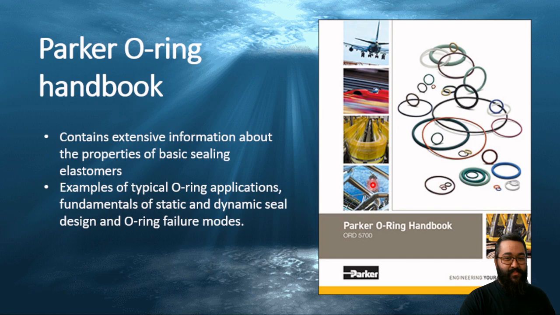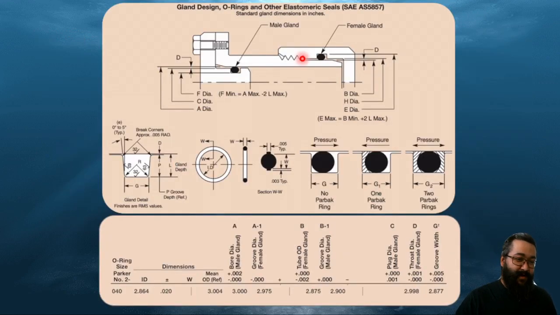So what I did was I went through the book and went to this graph here because I wanted a static seal on my end cap, so that is a male gland. I knew the size of the inside diameter of the cylinder that I would be using, which in my case was 3 inches.